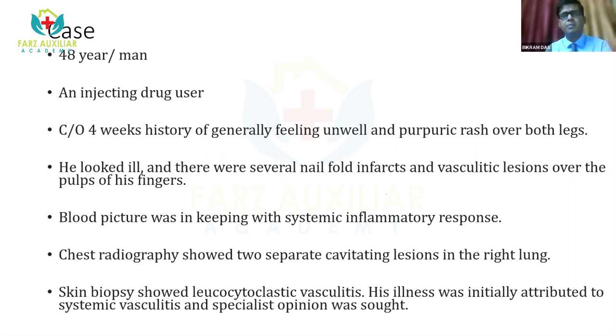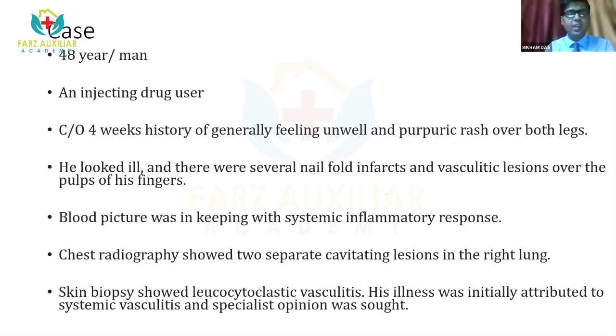Blood picture was consistent with a systemic inflammatory response. Chest radiograph showed 2 separate cavitating lesions in the right lung. Skin biopsy showed a leukocytoclastic vasculitis, and his illness was initially attributed to some systemic vasculitis, and specialist opinion was sought.